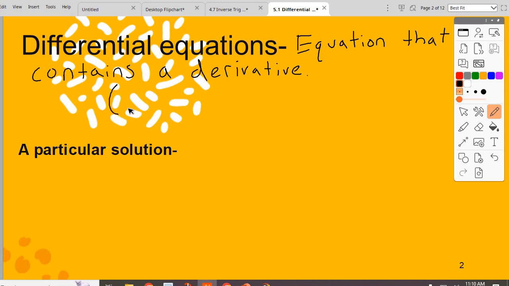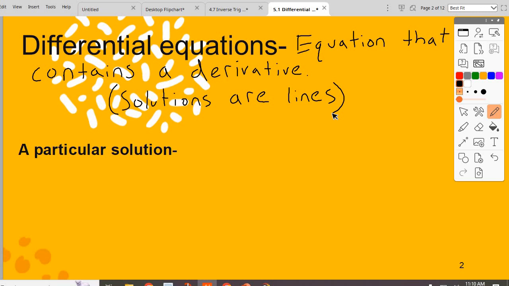Now, it is important to remember that our solutions are lines, okay? Because remember, we're looking at things like dy/dx equals stuff with x's in it. So then when we take the antiderivative of that to solve, we end up with y equals stuff with x's in it. And so we're looking at different types of lines.